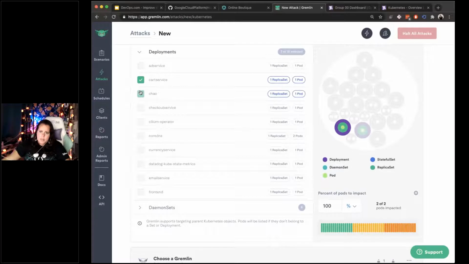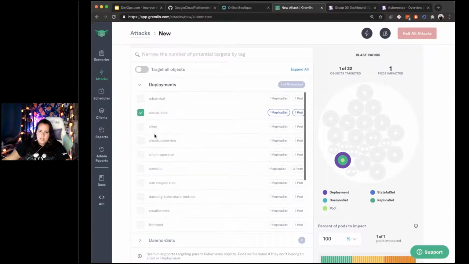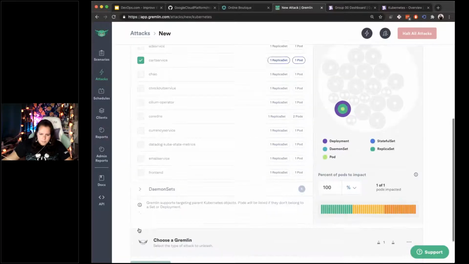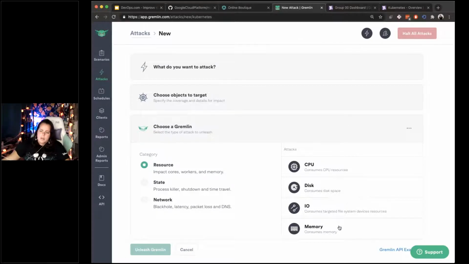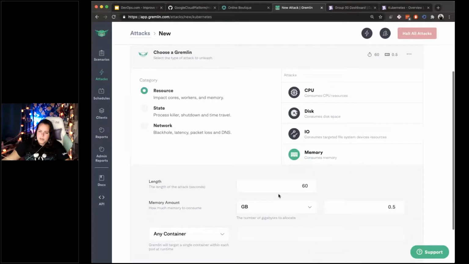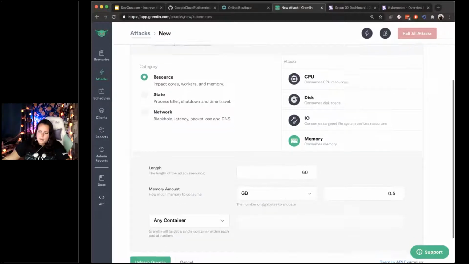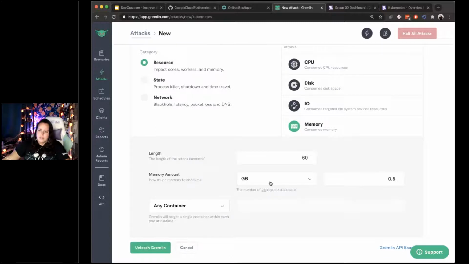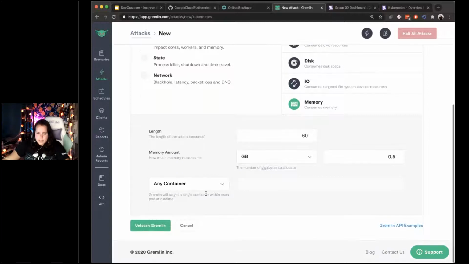If you wanted to target more than one container, you're more than welcome to, but for the sake of keeping the blast radius always small, we're just going to do one. We'll head on over to choose a gremlin, and we'll select the memory experiment. For this one, we're just going to run it for 60 seconds, and we want it to only consume 0.5 gigabytes. Just going to keep it at the default small magnitude settings.